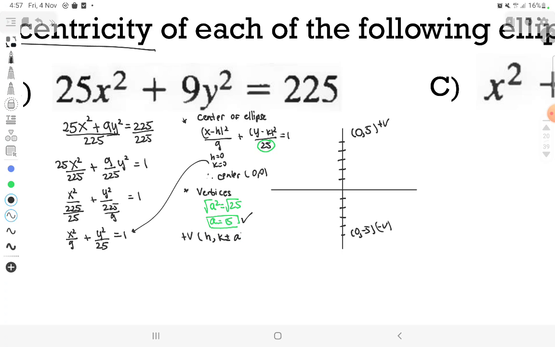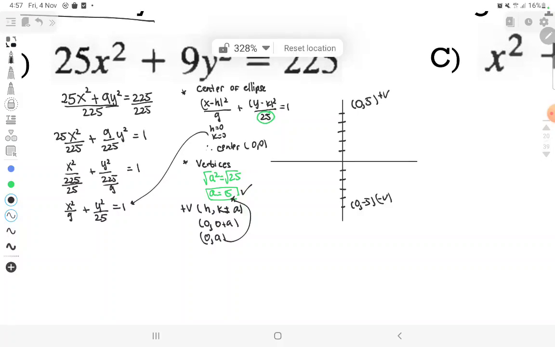Okay, but since our h is 0 and k is equal to 0, at positive vertex I would consider my positive a, so therefore 0, 0 plus a, so we'll have 0, a, in which our a is equal to 5. Next is our negative vertex, so we have h, k minus a. So we have h which is equal to 0 and k is equal to 0 minus our a which is equal to 5. So therefore we'll have our negative vertices at 0, negative 5. Okay?